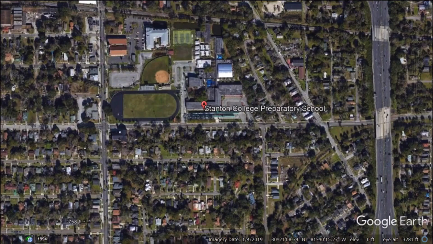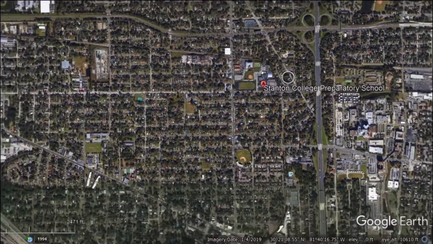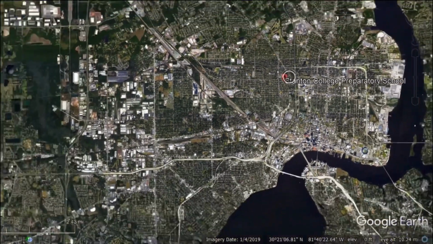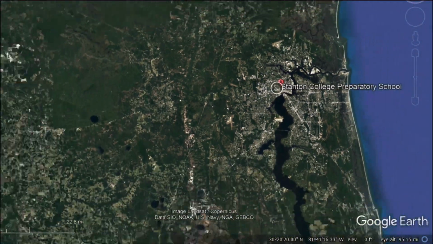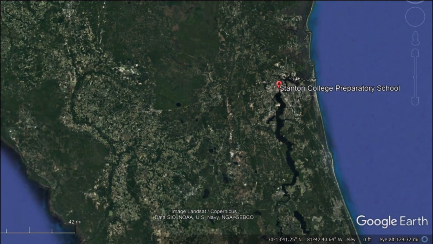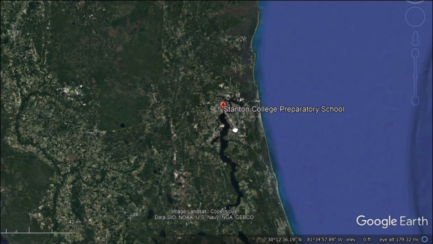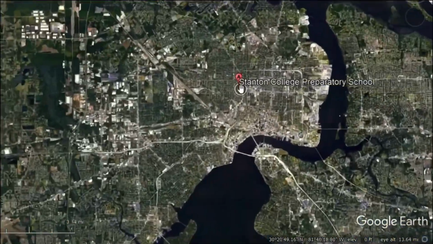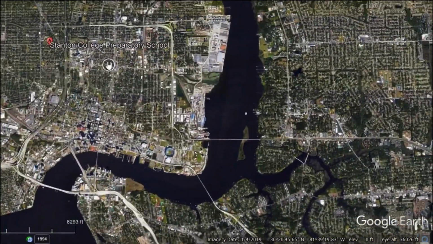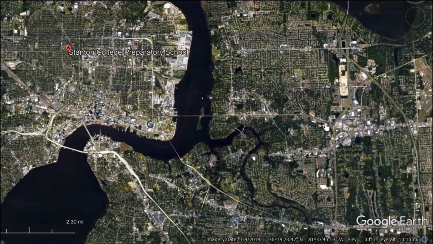Now, all that GPS really does is find your location. Your phone connects with satellites in space, and it uses 3 different satellites to find where you are from any place on Earth. So if you're at Stanton and you want to get to the movies over here, you ask the satellite, okay, where am I?